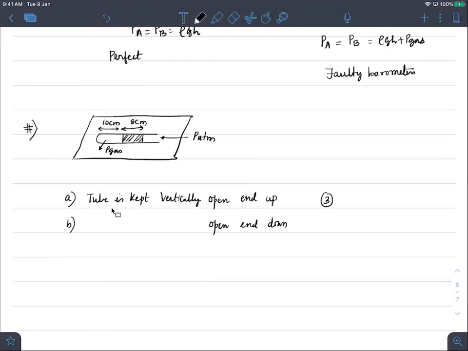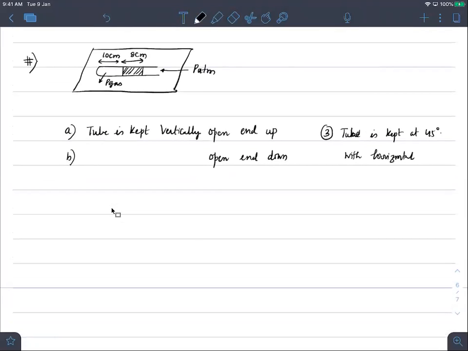Third question is the tube is kept at an angle of 45 degrees inclined with the horizontal. Such types of questions are asked in JEE, and this has already been asked once or twice in JEE, where initial data is given. You have to find out what will be the pressure in all these three cases.